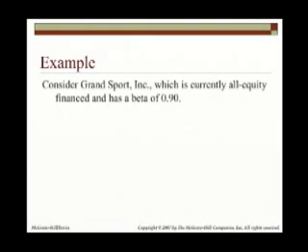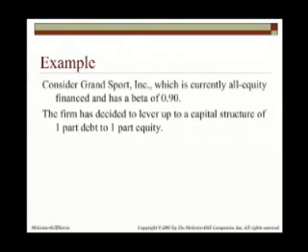Let's say we have a company that has an asset beta of 0.9. Now, the asset beta will remain 0.9 regardless of what happens. And right now the firm is all equity, so there is no debt. But let's say the firm has decided to issue some debt and use the debt to buy back equity, so it's going to change its capital structure, and it's now going to be 1 part debt and 1 part equity.